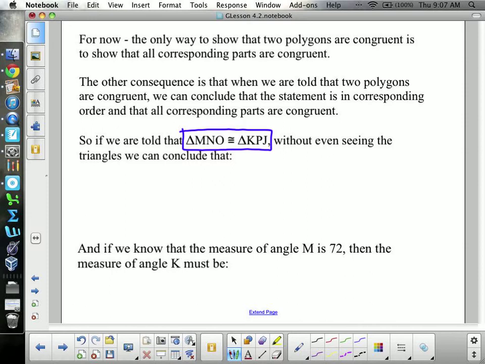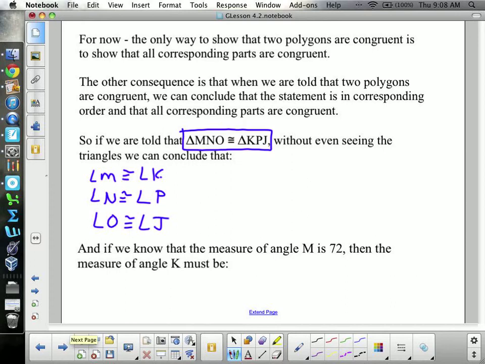It tells me that angle M and angle K have to be congruent. It tells me that angle N has to be congruent to what angle? N would correspond to P. It tells me that angle O corresponds to angle J. That's easy.